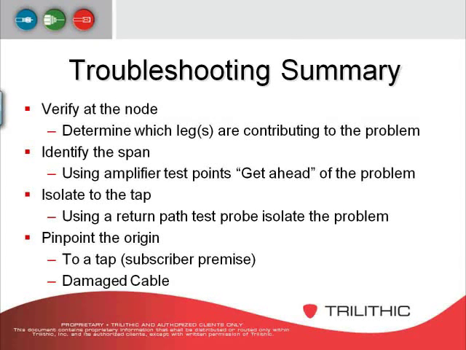But what makes this a little trickier is it's not necessarily just that one house that could be causing the problems in the node, because when you talk about return, and we talked about this in one of our other series, it's a funneling effect. So the composite of all of the test points and taps and line extenders, everything that's combined to that particular node, the composite of that energy is going to affect the overall return path.